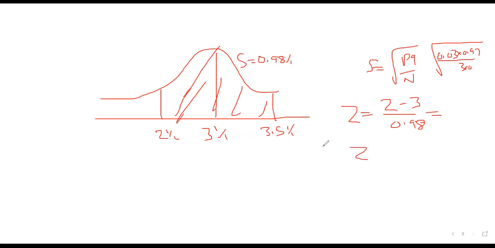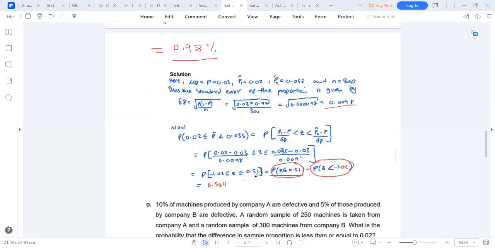Then here is 3.5 minus 3 divided by 0.98. What are you getting? There you're going to get negative what? Negative 1.02. Then there we're going to get positive 0.51.